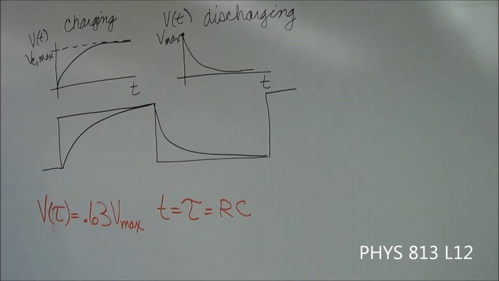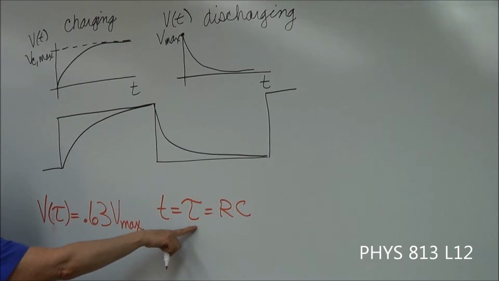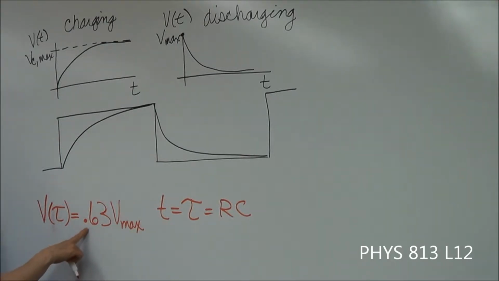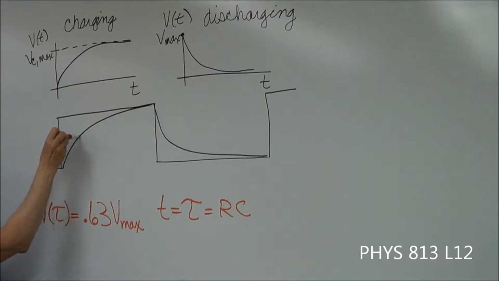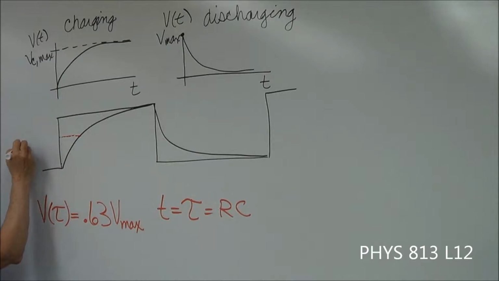If you evaluate the equation at t equals tau, you will get a coefficient of 0.63. So we have about a half there, 0.63 is up here a little bit. So we're going to go over here and say that this is 0.63 Vmax.